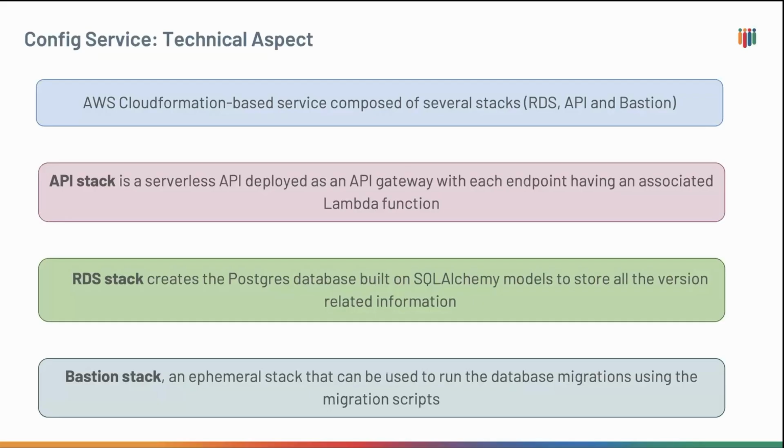The RDS stack provisions the Postgres database, built upon SQLAlchemy models, that stores all the version related information of all the pipelines. And the Bastion stack is a temporary stack used to interact with the database and to run database migrations, ensuring the schema stays up to date across deployments. Next slide, please.